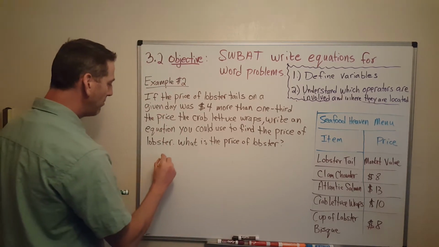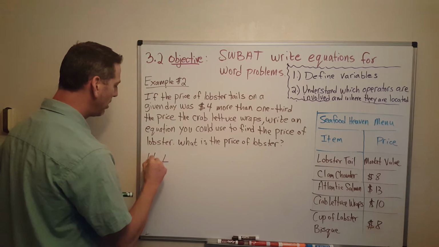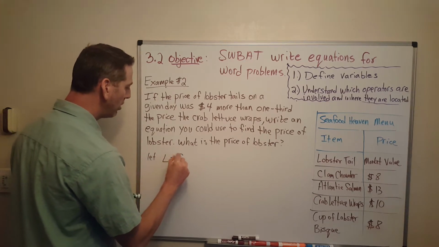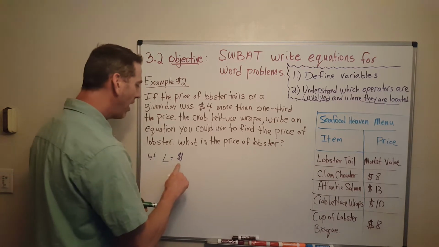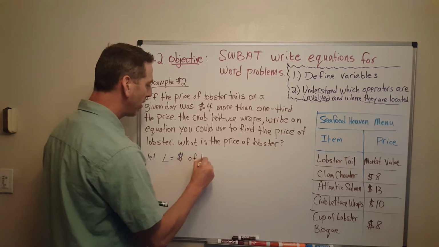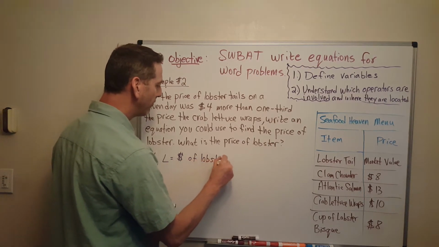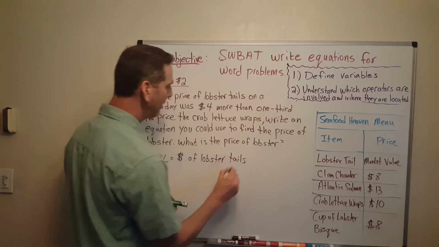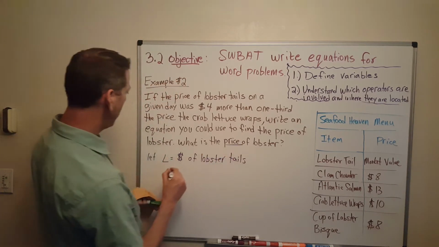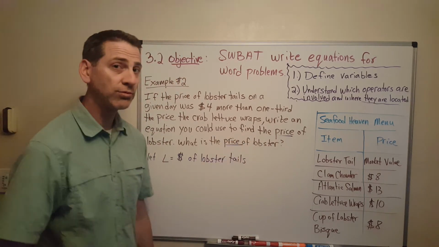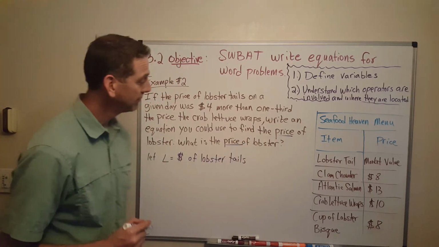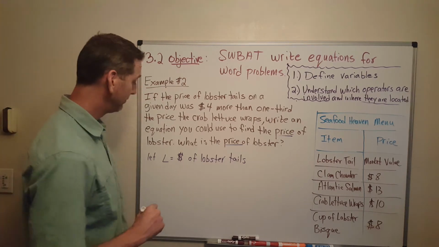All right? So I'm going to say let L equal not just simply lobster tails. This is the price of lobster tails. Because after all, we are looking for the price. All right? Is the price right? Probably not. Lobster is expensive.